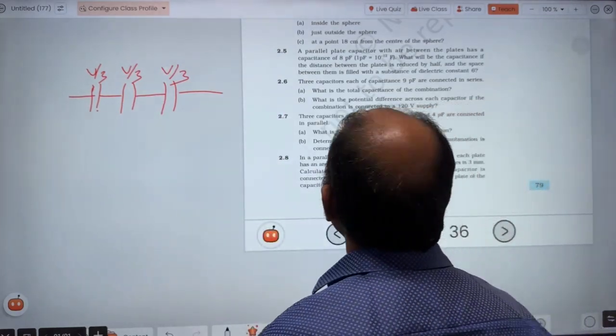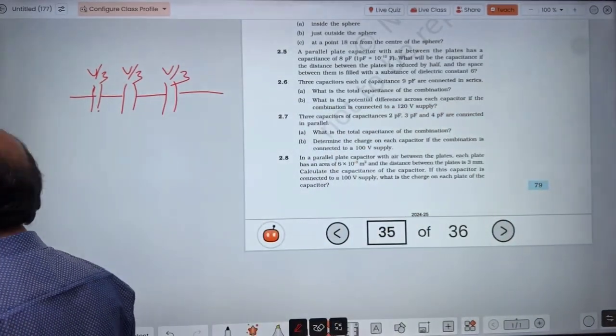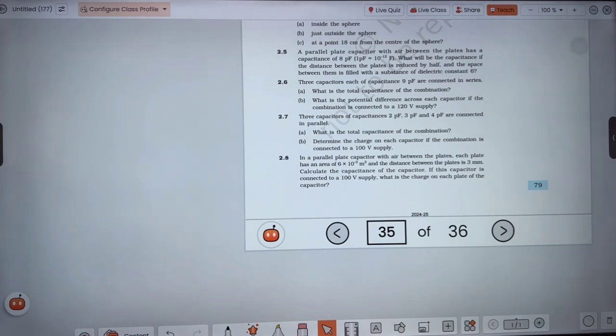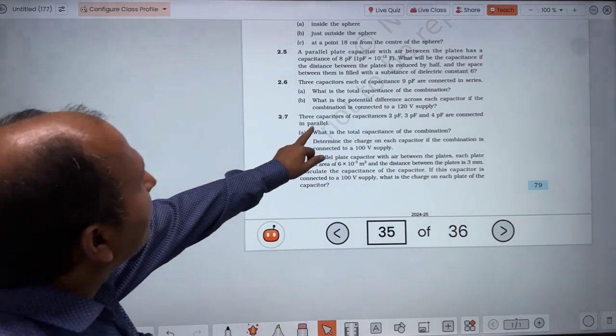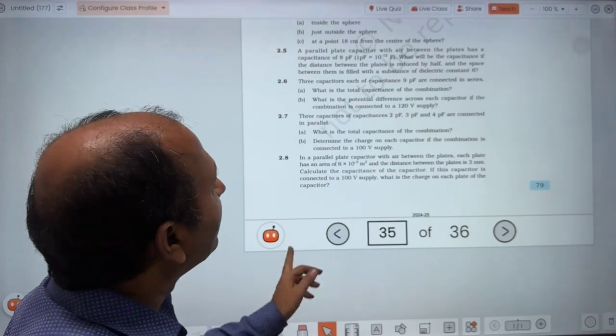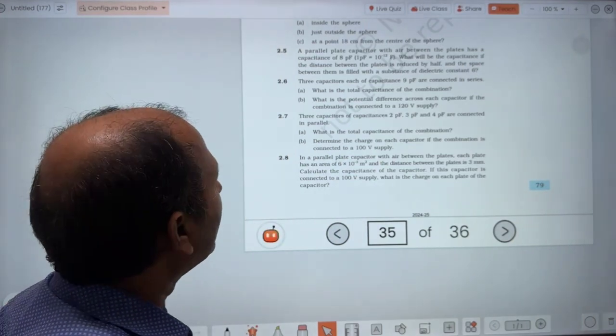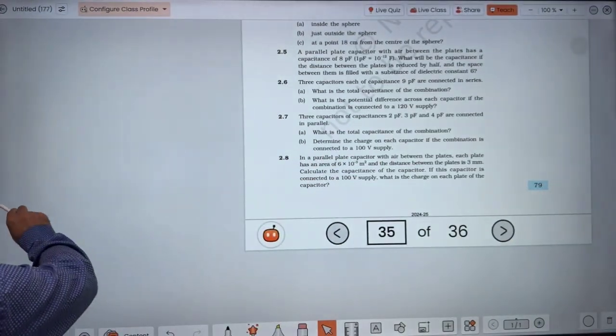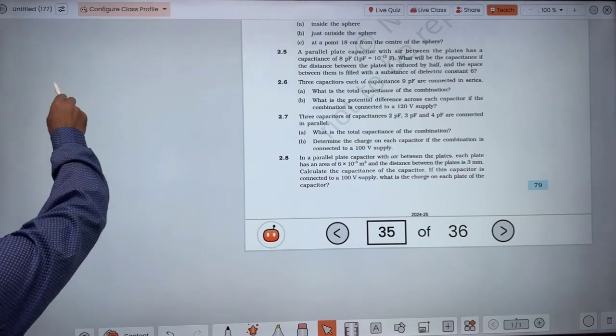You can put the values. 2 plus 3 plus 4 picofarad, means 10 power minus 12. Simplify. 9 into 10 to the power minus 12 farad. There is no doubt.